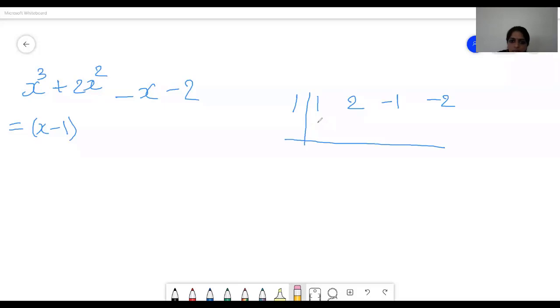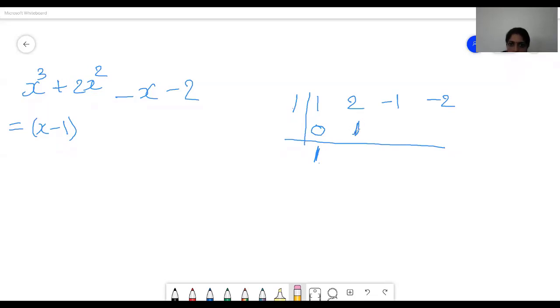Students, this is again a rule. We have to write here 0. We have to start with the 0. Then we are doing addition. 1 plus 0 is 1. 1 into 1, we have to do the multiplication of these two terms, and write it here.